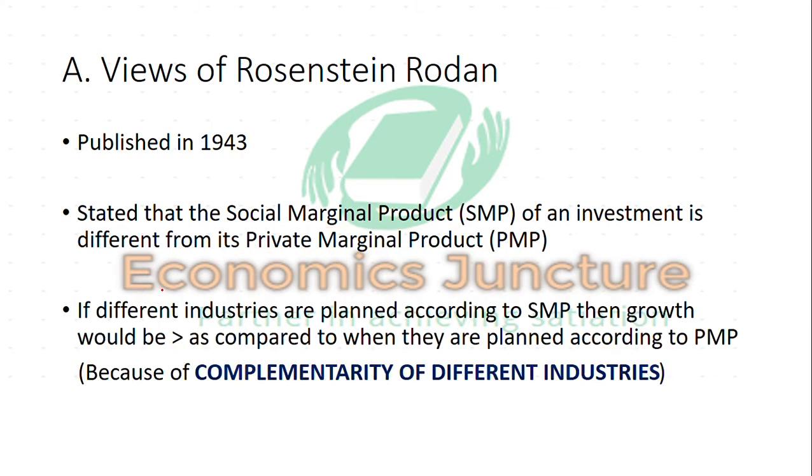What he means by that is that if different industries are planned according to their social marginal product, then growth would be greater, mind you, greater, as per Rodden, as compared to when they are planned according to their private marginal product. And the reasoning behind it was given by Rodden as the complementarity of different industries, right? And he explained it with a very famous example of shoe industries.